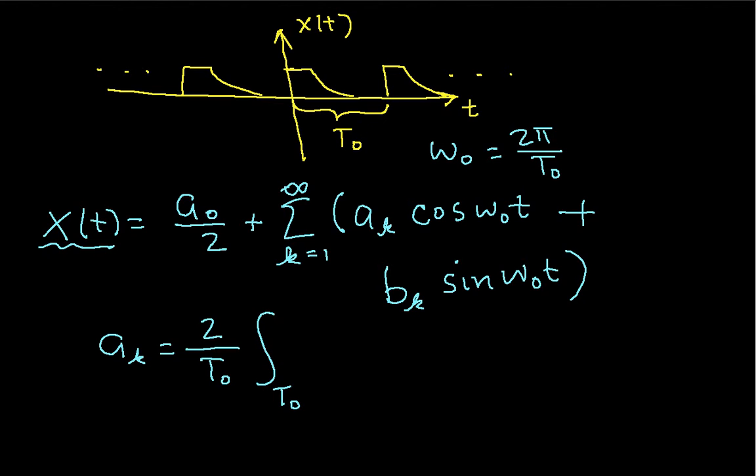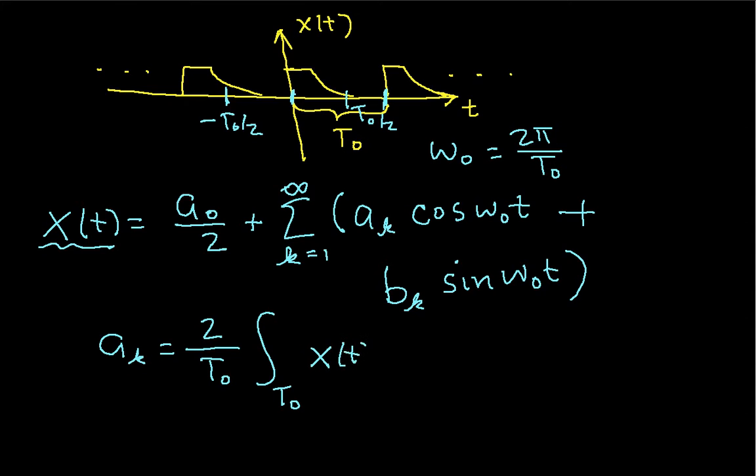So this can be any period of the function. You can start at 0 and go to t0. You can start at minus t0 over 2 and go to t0 over 2. You can set this up any way you want to, as long as you integrate over exactly one period.